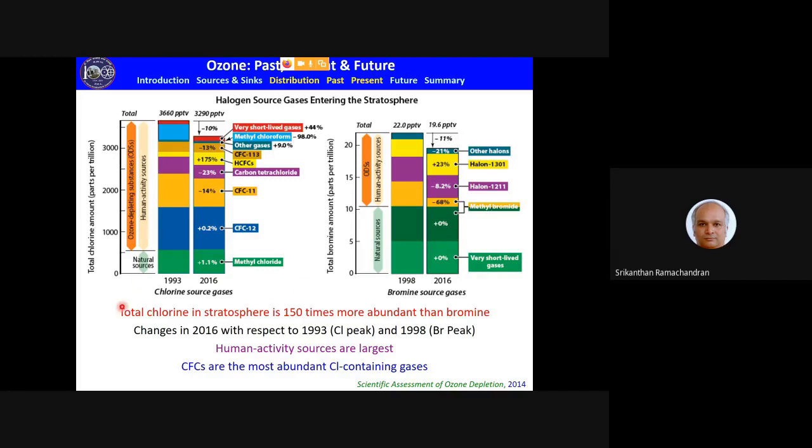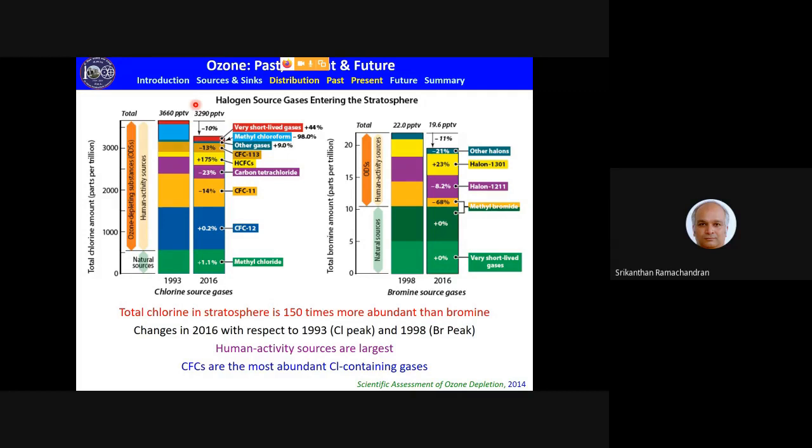The total chlorine in the stratosphere is about 150 times more abundant than bromine. When we express the amount of gaseous molecules in the Earth's atmosphere, we use terms like parts per million by volume or parts per trillion by volume. That is with respect to the amount of air molecules present.